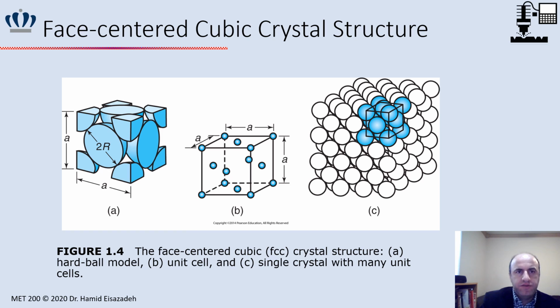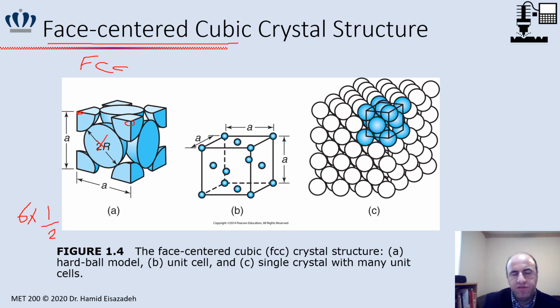The next crystal structure is called face-centered cube, or FCC for short. In this unit cell, similar to BCC, we have atoms on the corners and then one atom on each face. If we want to calculate the number of atoms within this unit, we can multiply 6 by half, because half of each of these atoms is inside this unit cell.